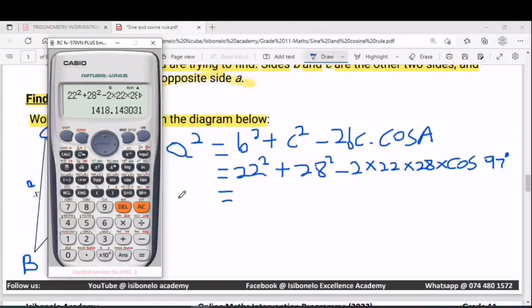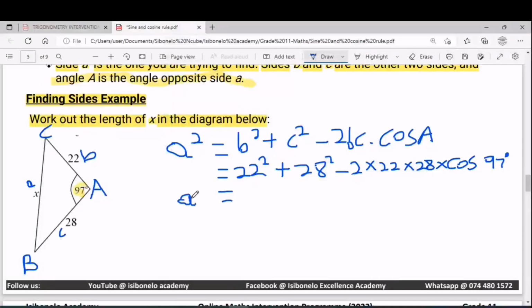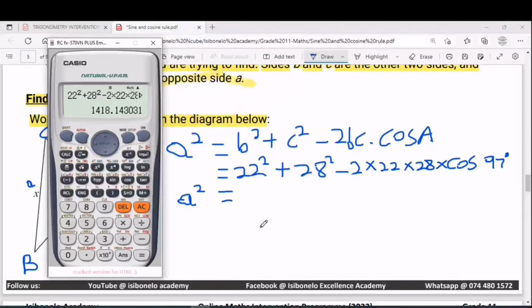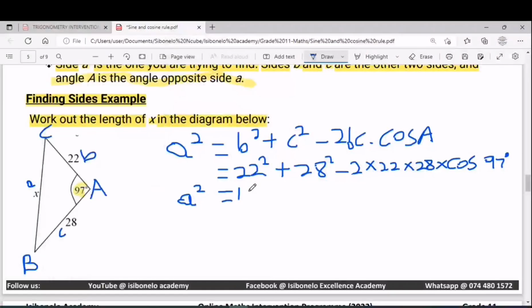So angithi yakhumbula njalo ukuthi sinobani la sino A squared. So thina sifuna u-A. So angibizela le answer let's say 1418,143031.